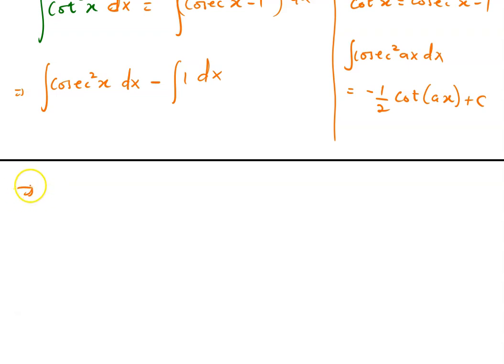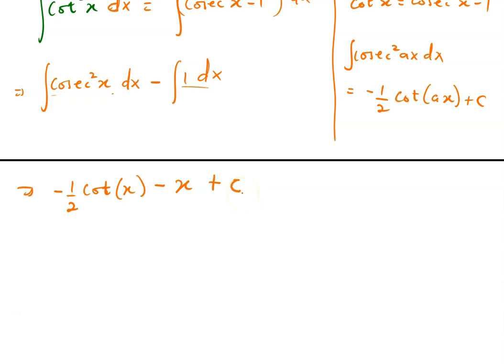The a here is 1, so we get minus cot x. Then we have minus x, and the minus is for the 1 dx, minus x, then plus c.